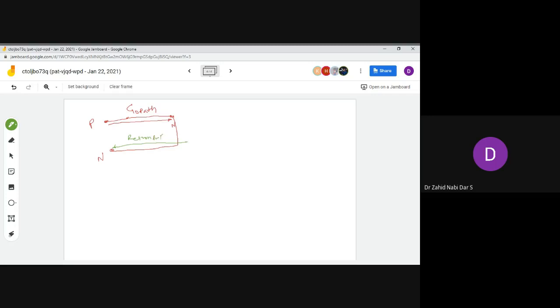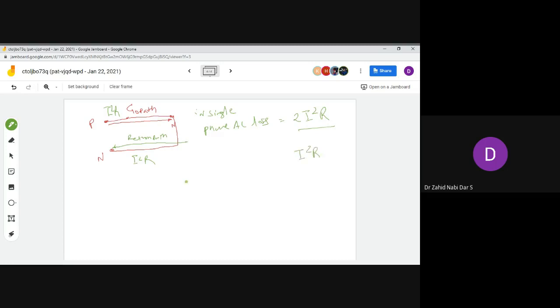So in single phase AC, loss is I square R here, I square R here. So loss in single phase AC is twice I square R. But in DC it is equal to I square R only.